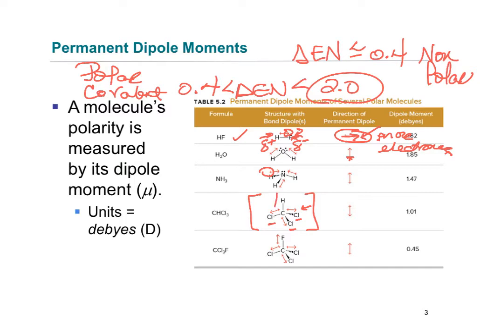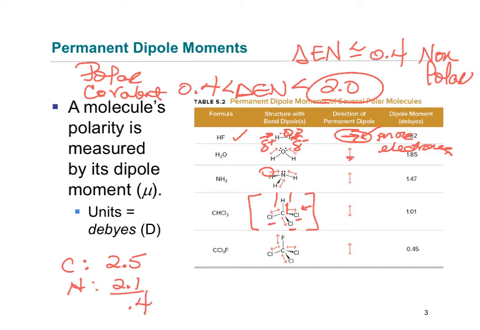Now, I hope you notice that there is no dipole drawn for the carbon-hydrogen bond. And that's because the carbon-hydrogen bond is nonpolar. They have such close electronegativity values that it falls within that less than or equal to 0.4 range. If I'm remembering correctly, the electronegativity of carbon is 2.5 and that for hydrogen is 2.1.